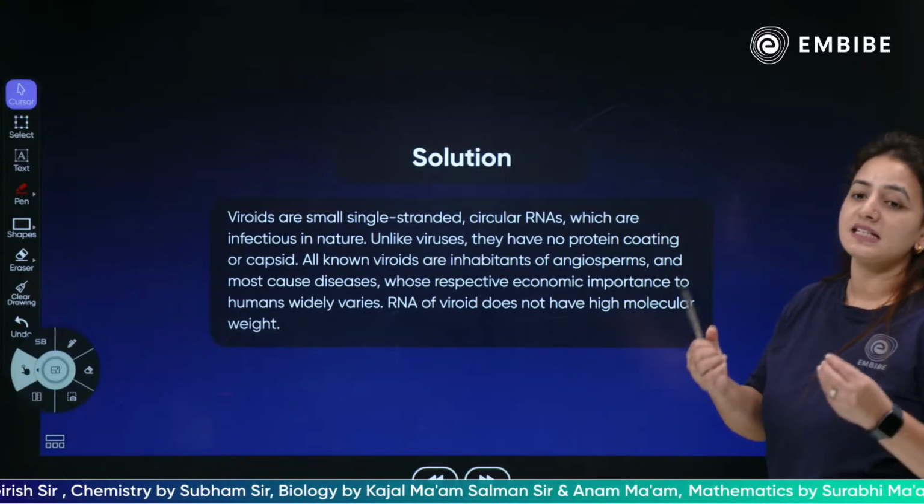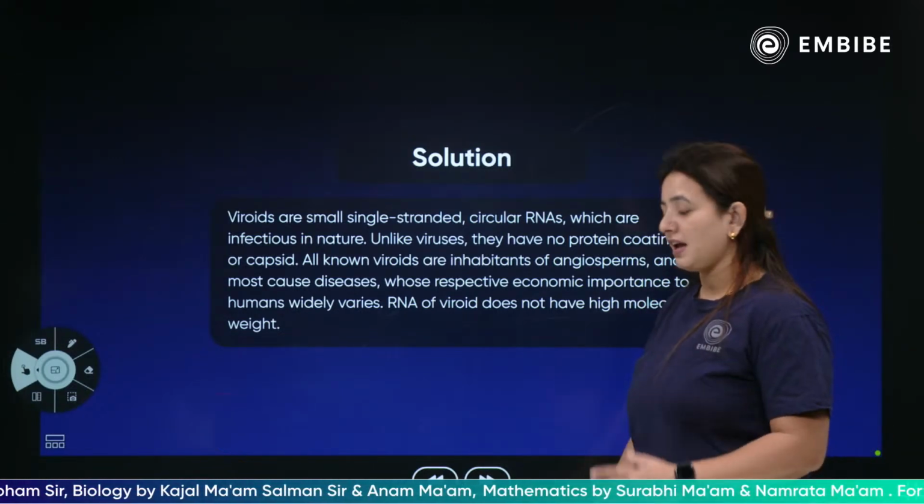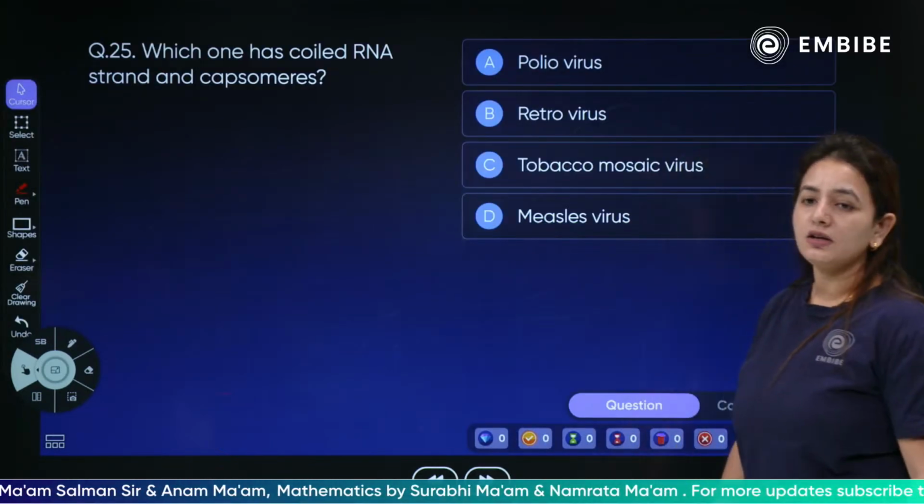The viroids are single stranded circular RNA which are infectious in nature. Unlike viruses, they do not have a protein coat.